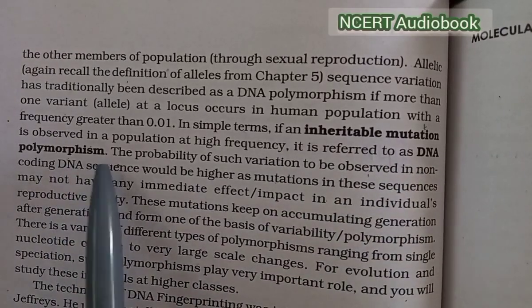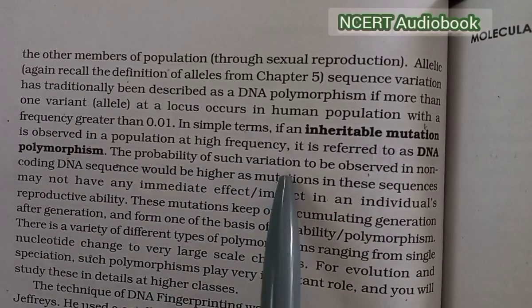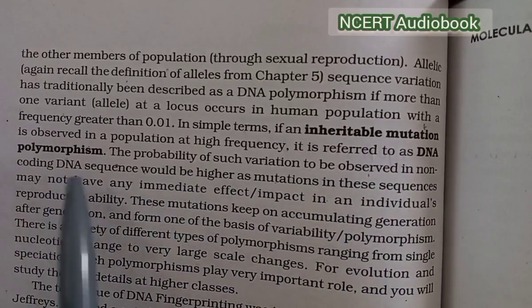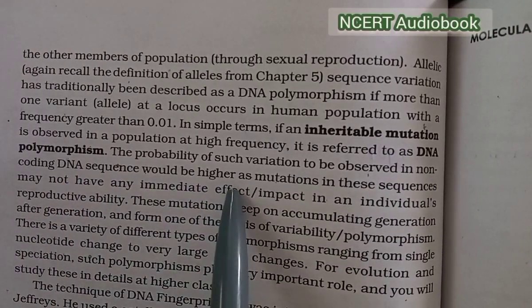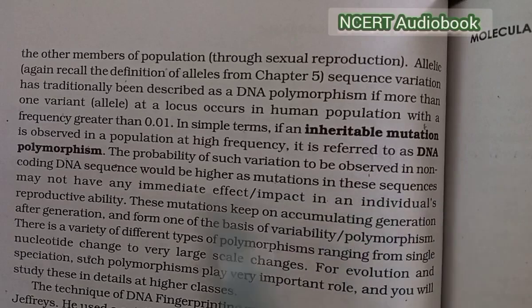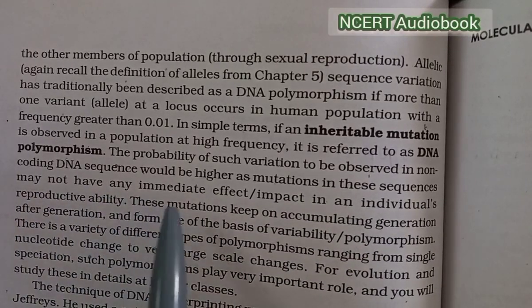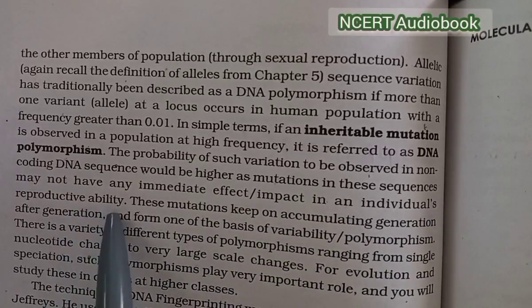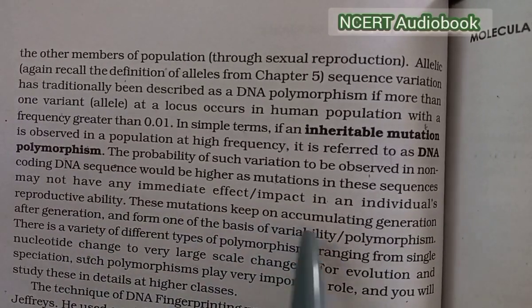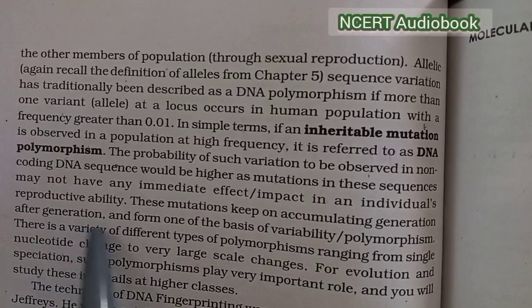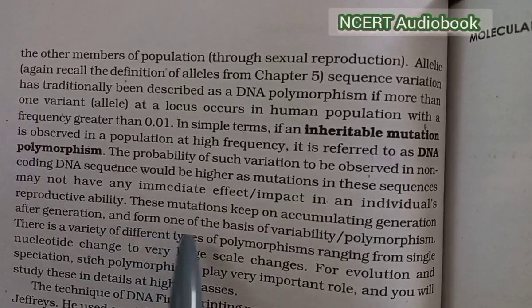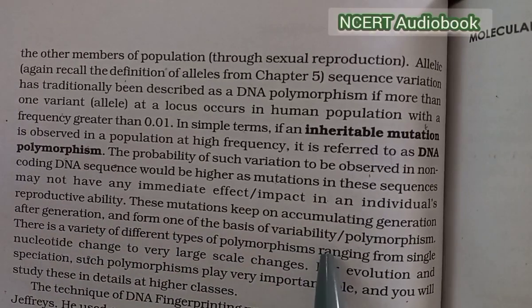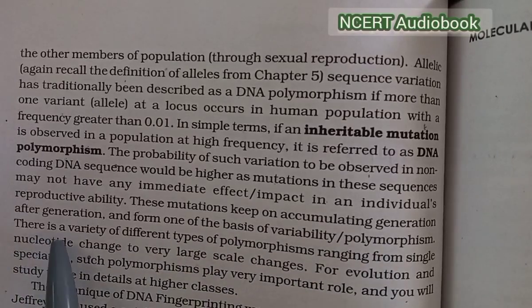The probability of such variations being observed is higher in non-coding DNA sequences, as mutations in these sequences may not have any immediate impact on an individual's reproductive ability. These mutations keep on accumulating generation after generation and form one of the bases of variability and polymorphism.